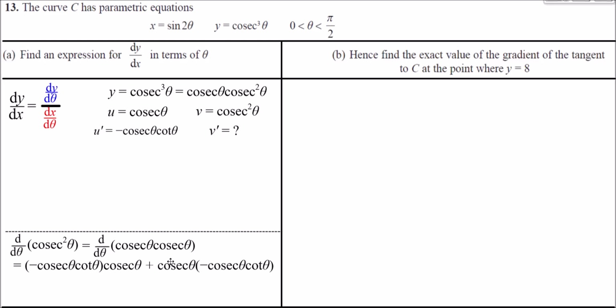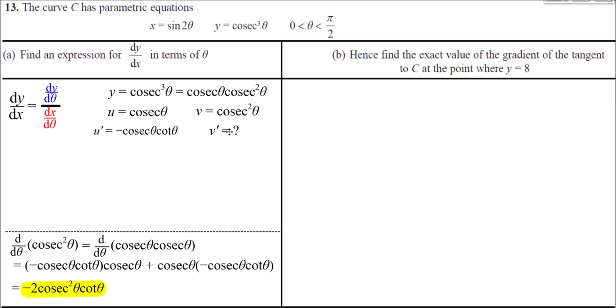And then the same thing again with the roles switched. Now I hold the first function constant, then differentiate the second. So again, I get this derivative in this bracket. But because both functions are one and the same thing, essentially I get the same thing twice. So what I'm going to get here is two lots of negative cosec squared theta cot theta. And that is the derivative of cosec squared theta.